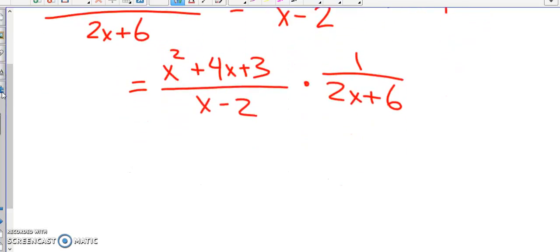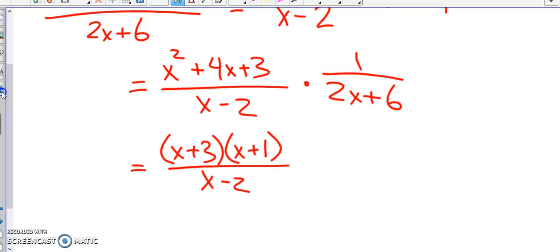I'll need to factor this. And of course, you can factor as you're flipping or as you're rewriting. It really doesn't matter. Or you can write it out in separate steps like I did. What multiplies to give you 3 but adds to give you 4? x plus 3, x plus 1. Notice there's a common factor here.